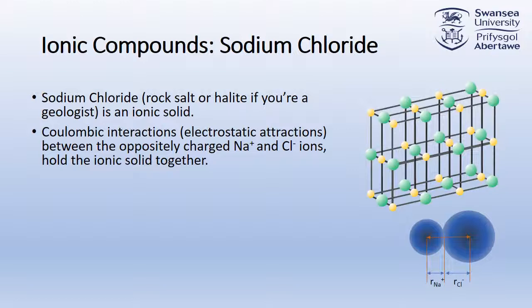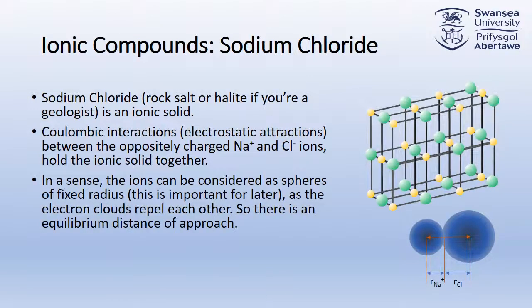Anyhow, so basically you've got sodium, which is smaller, and chloride ions, which are held together by quite strong attractions, so the electrostatic attractions between oppositely charged ions. So these Coulombic interactions.